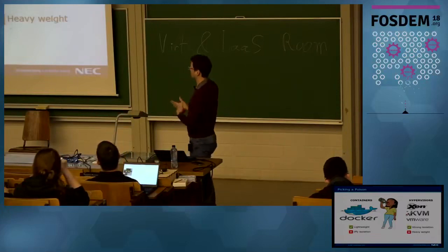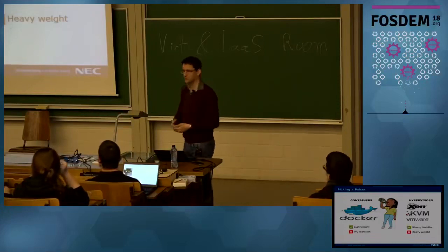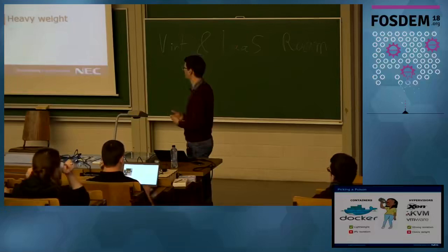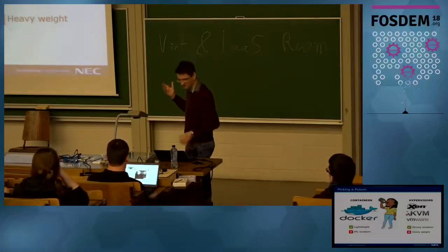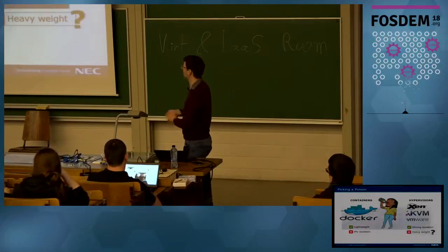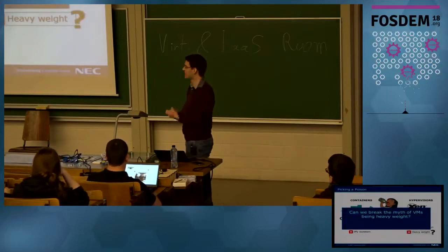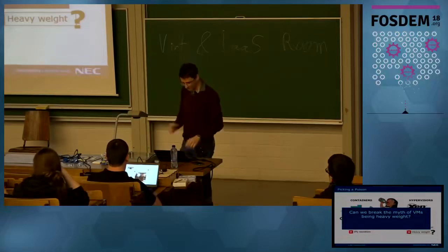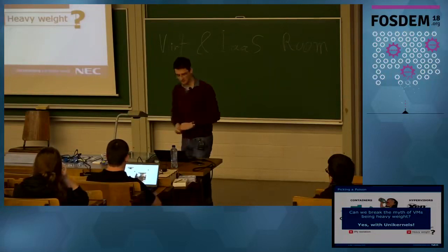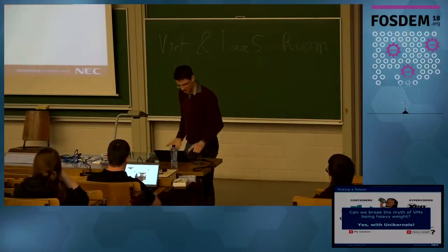When you go to hypervisors, of course they promise you strong isolation because they use CPU features for doing that, but they're pretty heavyweight. But now, I hope I can break the myth with you that VMs are actually heavyweight, because we have this thing like Unikernels now. So what is a Unikernel?